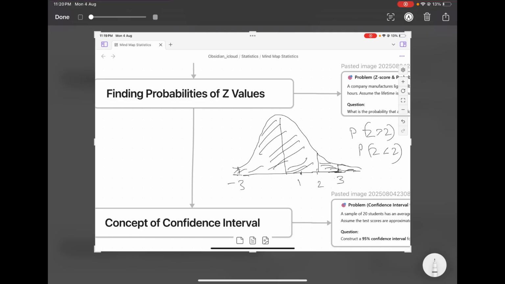This is how you use the Z table. Similarly, if you want the probability that Z lies between 2 and minus 2, this is the normal distribution, this is 2 and this is minus 2, so this is the area. You will get the probability from here. So this is all about how to find the probability using the Z score.